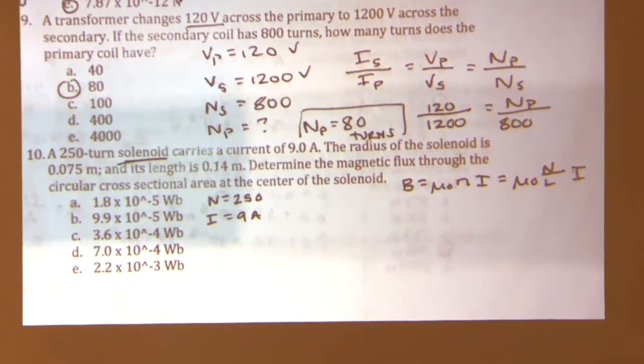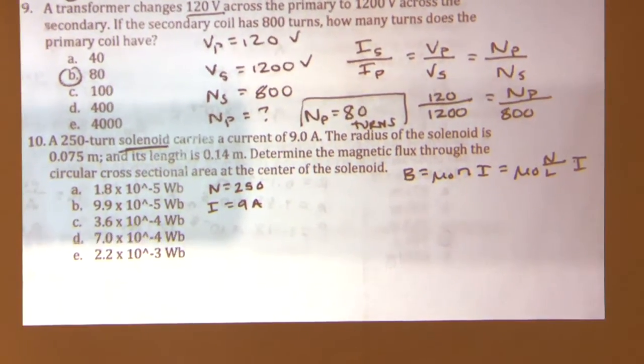Okay? So if you don't know which magnetic field equations go to solenoids, wires, coiled wires, I would make sure you knew that before the final.